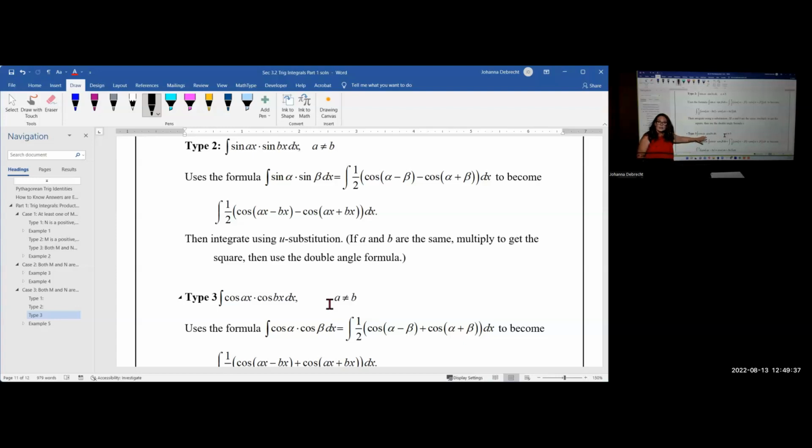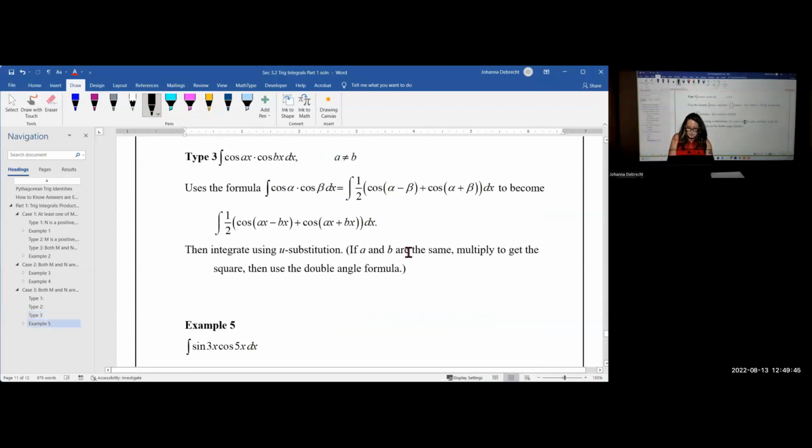The last option is that they're both cosine, where the arguments do not match. A does not equal b. And we also have a formula for this one, which will convert it into the sum of two cosine functions with different arguments. And then you can use u substitution in order to integrate each of those. We're only going to do one of these because, like I said, they don't come up very often.